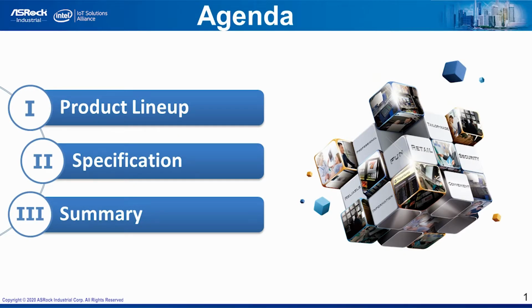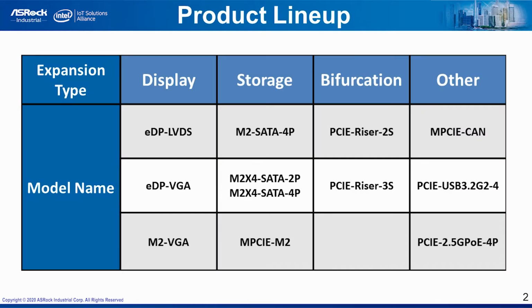Here's our outline of today's webinar. I will introduce our product range and their specification. Also, the application of these extended cards for your reference. Please refer to the table below. We have roughly divided them into 4 categories by their application, including display, storage, bifurcation, and other functions.